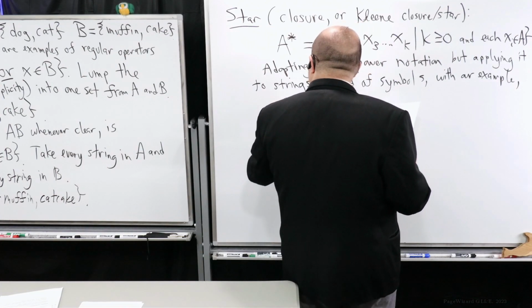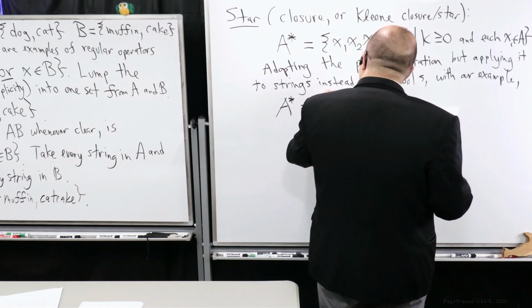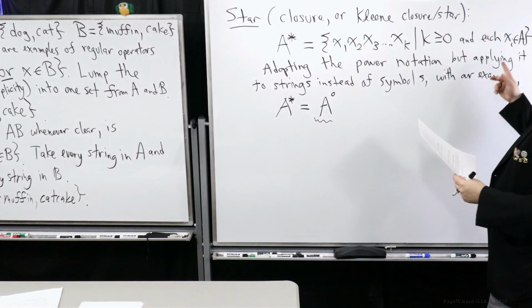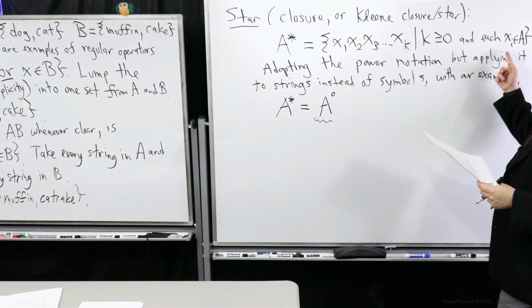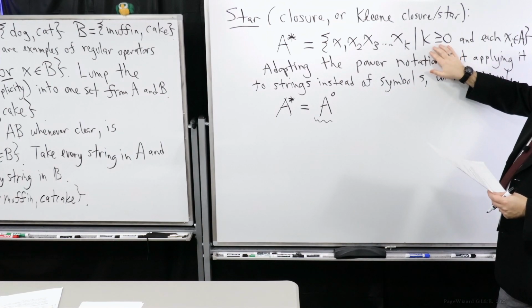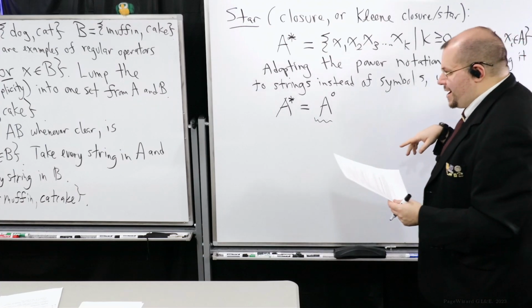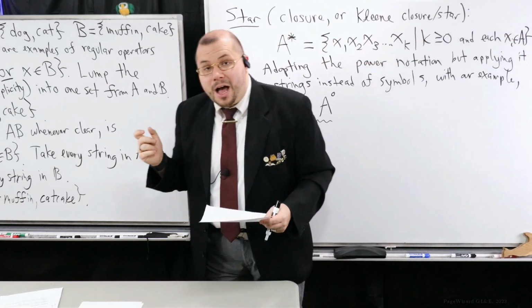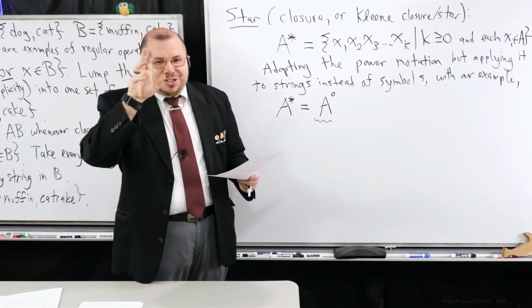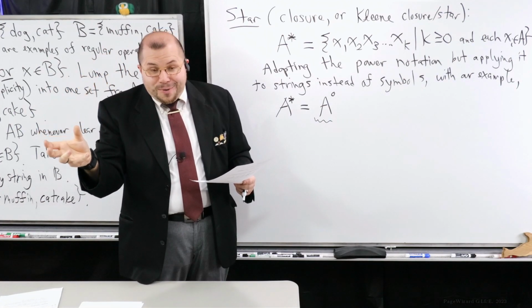So A star, akin to what we talked about before, is A to the power of 0 union A to the power of 1 and so on. Now, this is all of the strings whose length is going to be, specifically, when we're talking about how many of these you pick out, right? Remember last time when we used the star when it came to the alphabet, it was all strings that were what?